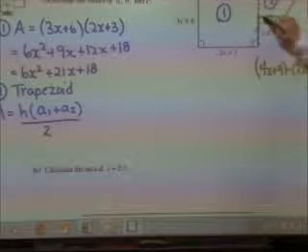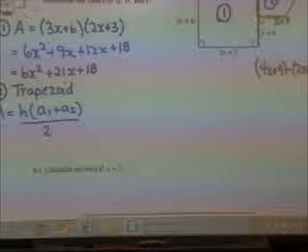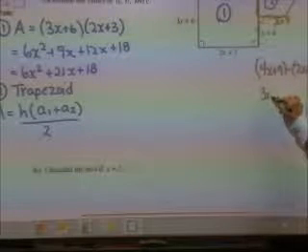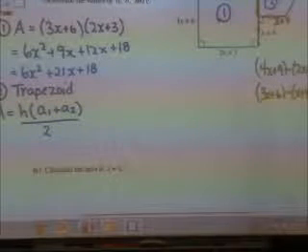And then I need the height, the distance between the two sides. How would I find that? 3x plus 6 minus x plus 4. And what would I get? 2x plus 2.